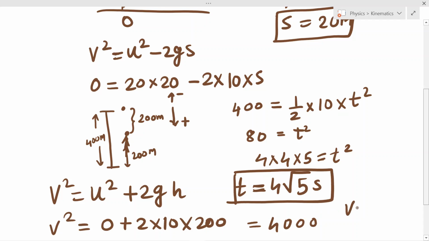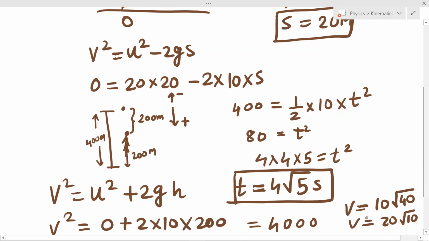And take the square root of that, which will be 10 into square root of 40. So this will be 20 square root of 10 meter per second. This is the velocity.